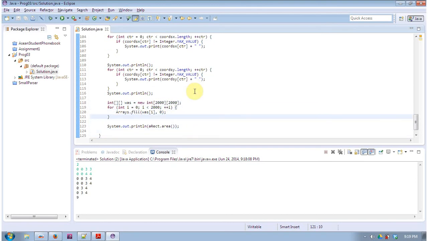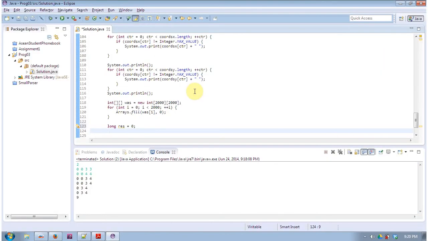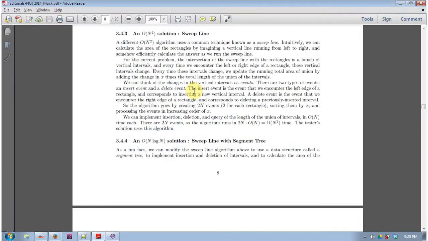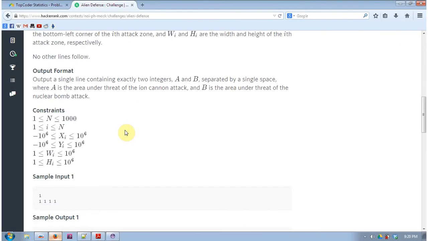Okay, next one, we store the union. So we have a long value here, because the area could be what again? The area could be 1 trillion.